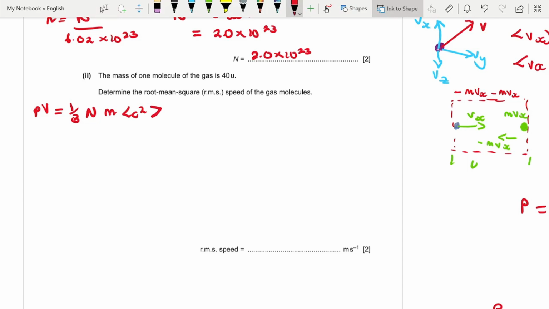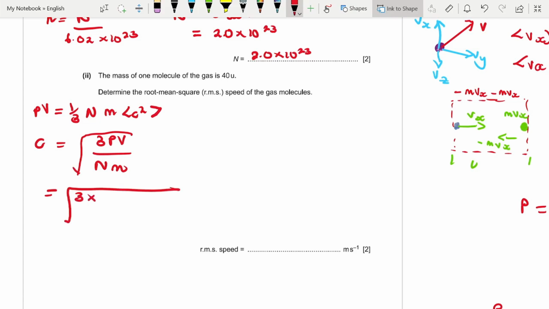So in this case, we want to find the root mean square speed of the gas molecules themselves. So the value of C is going to be the square root of 3PV divided by N multiplied by m, right? If you're looking at that, it's the square root of 3 multiplied by 2.3 times 10 to the power of 5 times 3.5 times 10 to the power of -3.